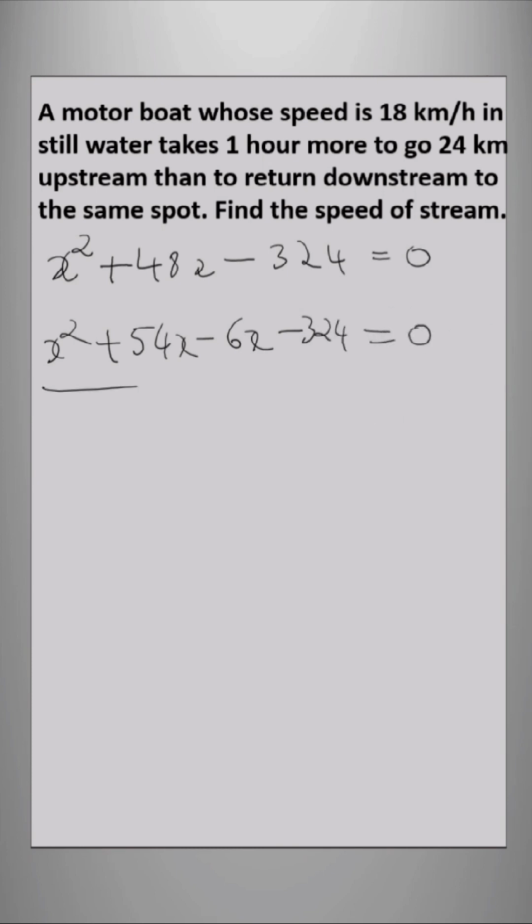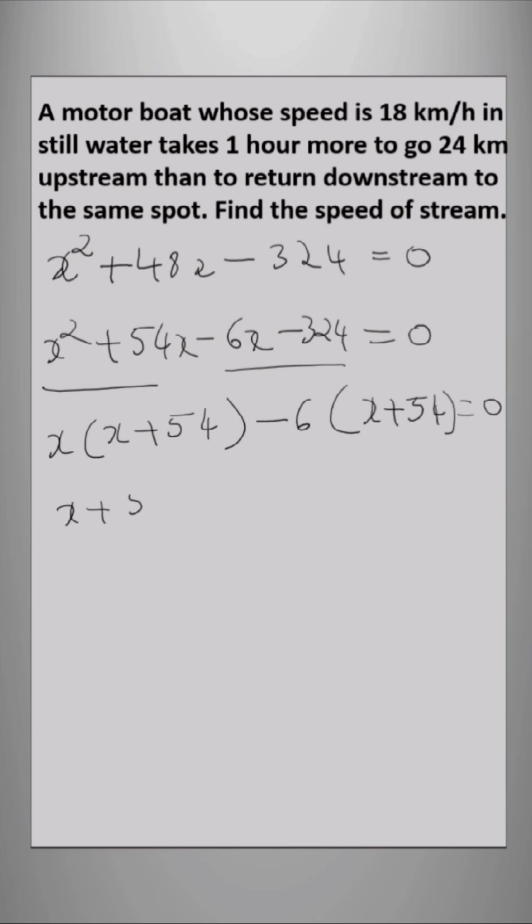Group. Here x is common: x plus 54. Here negative 6 is common: x plus 54 is equal to 0. So x plus 54 into x minus 6 is equal to 0. So x is equal to negative 54 or x is equal to 6.